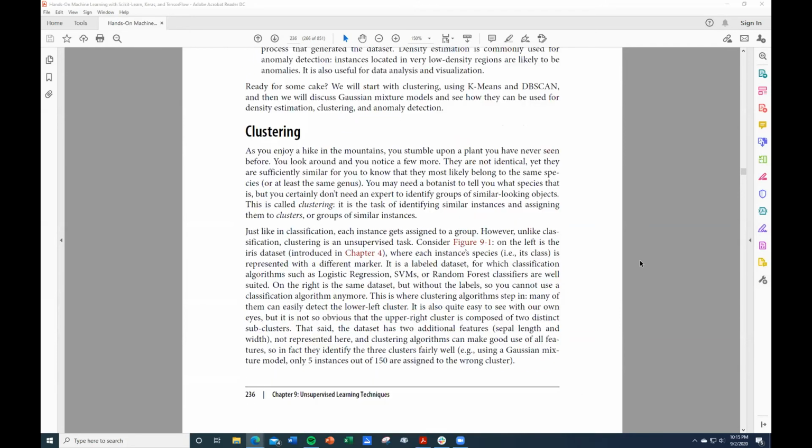Basically, when I think of clustering, I think of it as exploratory data analysis. You get a bunch of data, and the question is what are you going to do with that? And how are you going to kind of attack it? Is it one thing? Is it more than one thing? Is the data smoothly distributed?